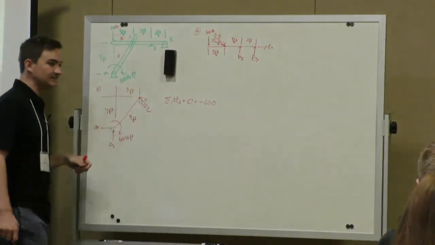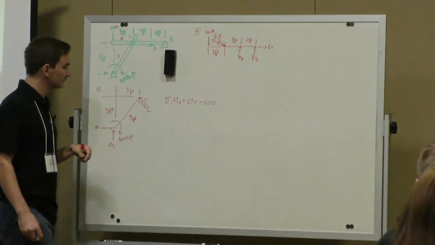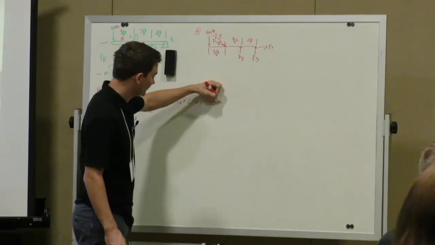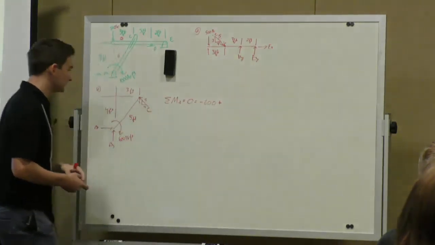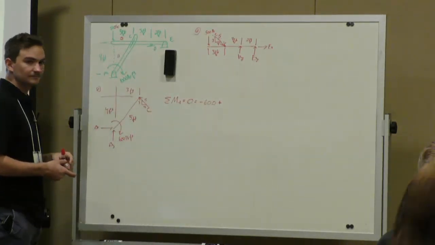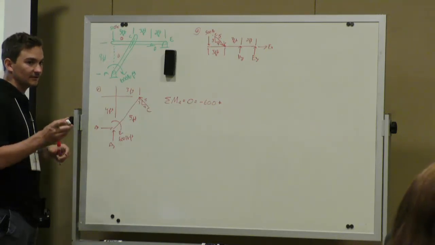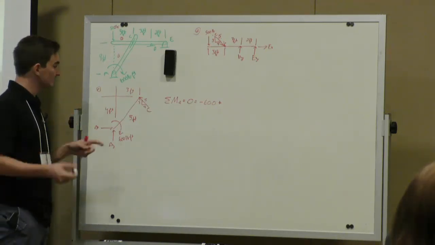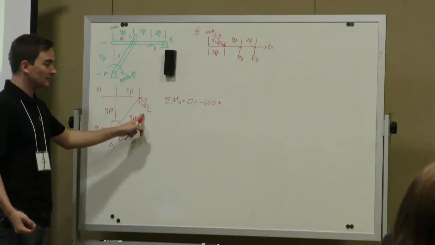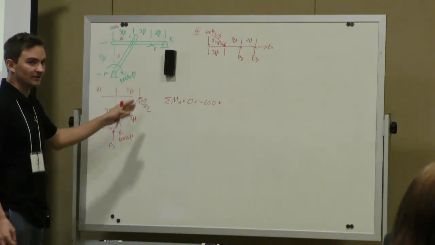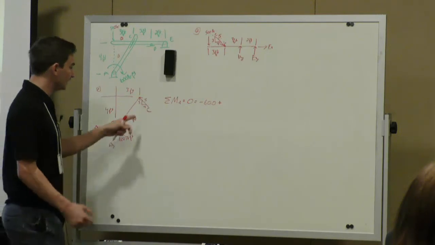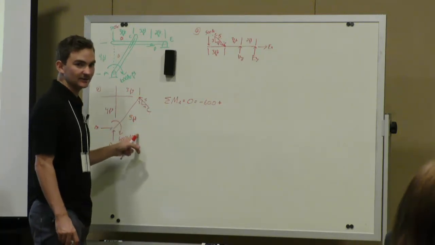And what about C? 5C. So someone said 5C. What does everyone think? So what's that? It's perpendicular to that bar. Yeah. So this force is perpendicular. So we know a moment is its force times its perpendicular distance.